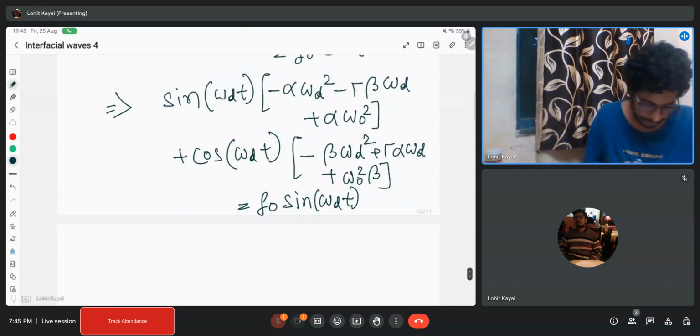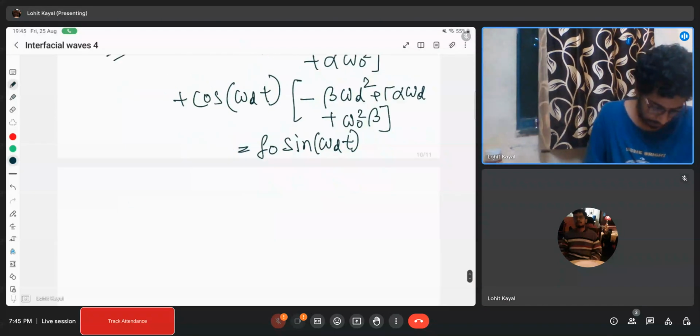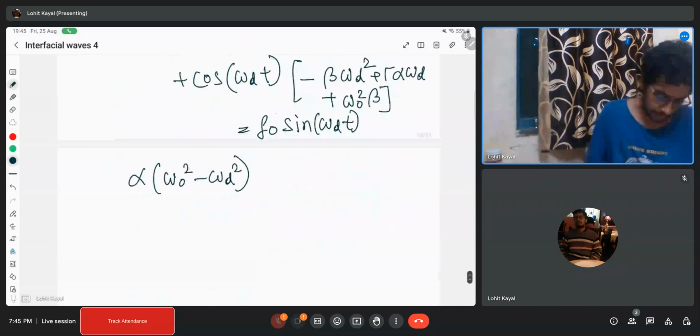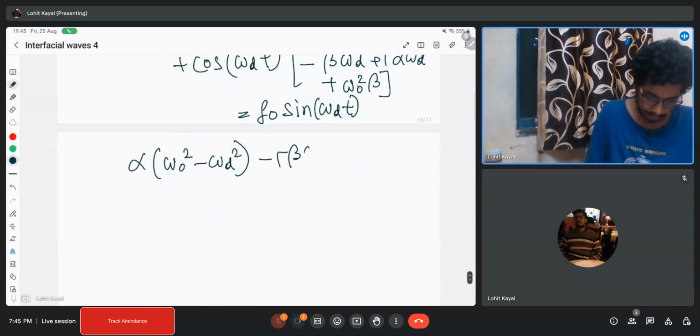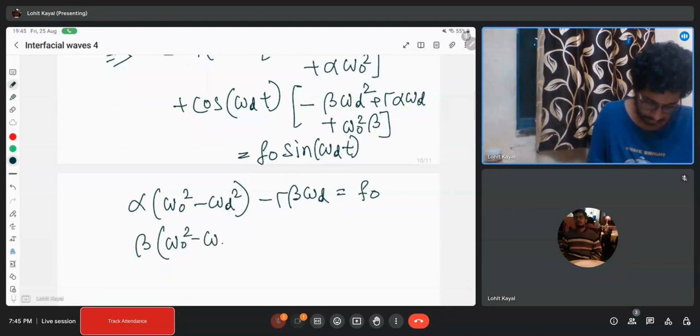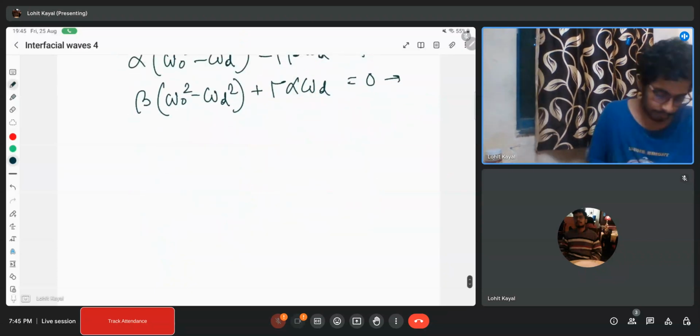So what we get is alpha times omega 0 square minus omega d square, minus gamma beta omega d, is equal to f naught, and beta times omega 0 square minus omega d square, plus gamma alpha omega d, equals 0. From this equation we can get a relation between alpha and beta.